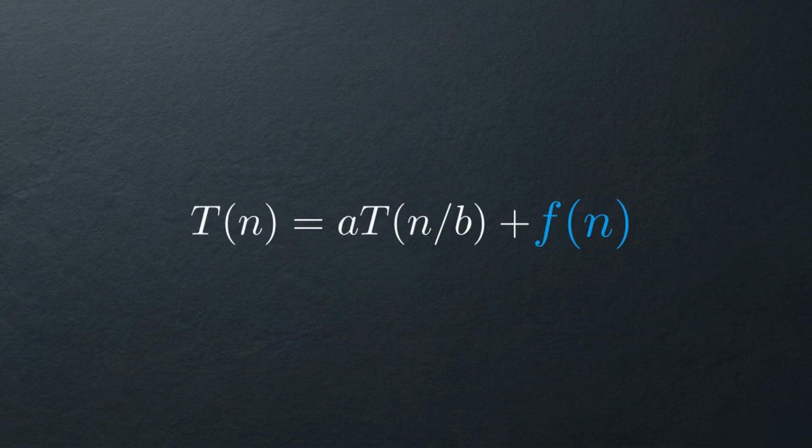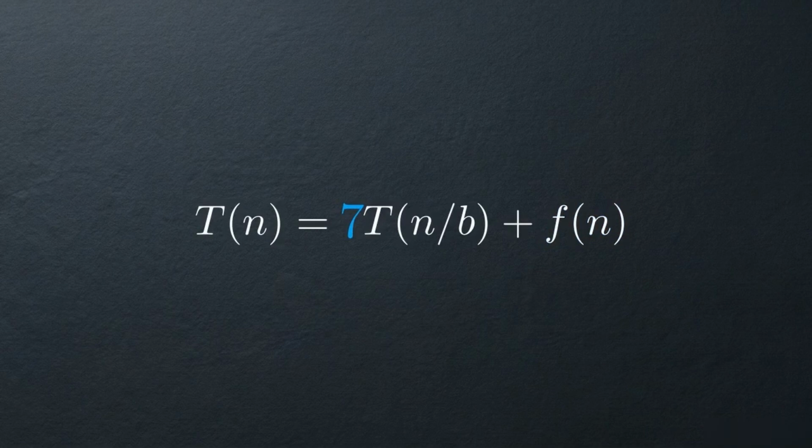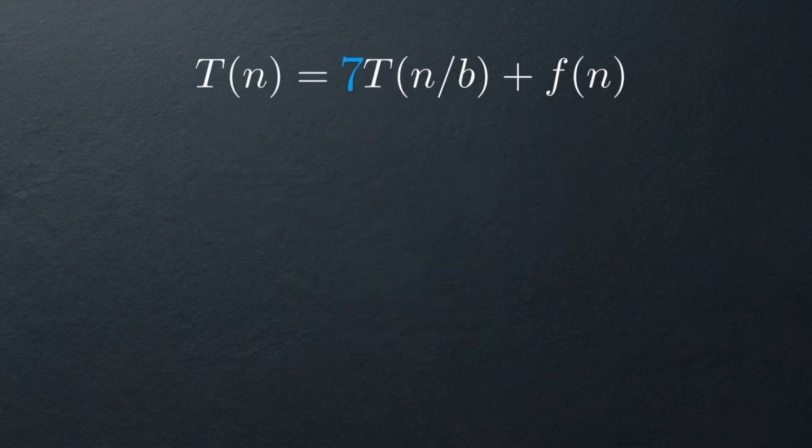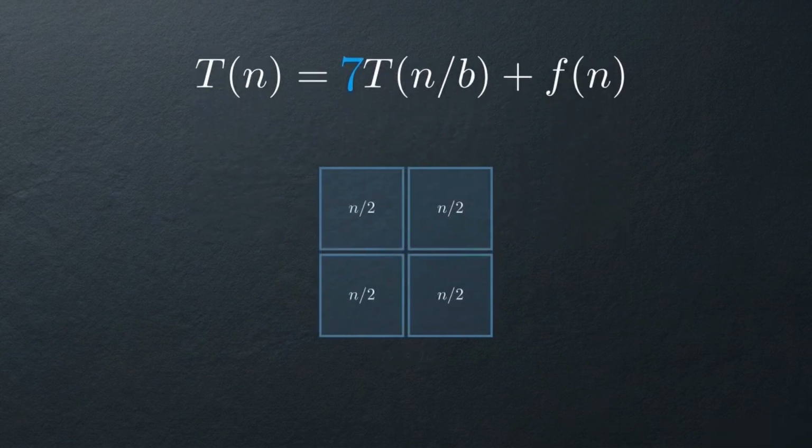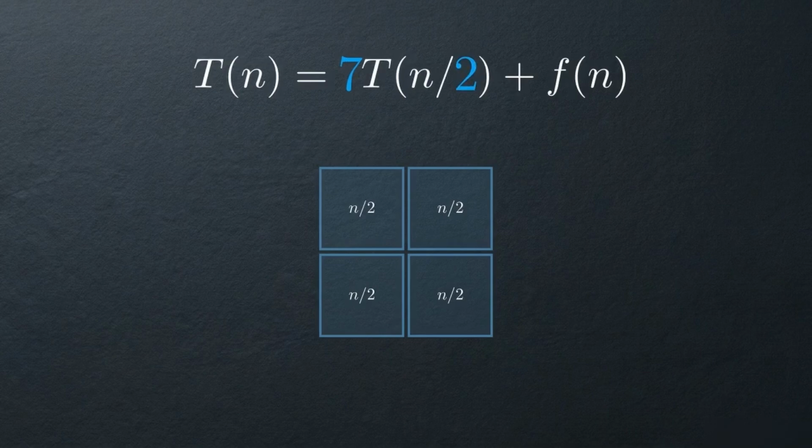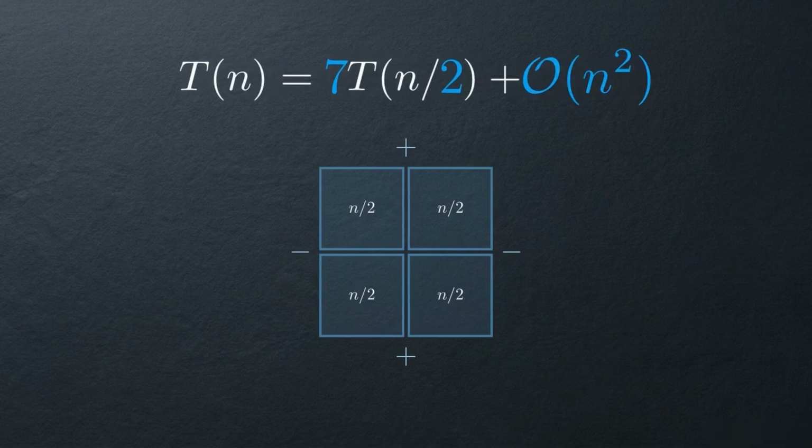combine the results. Applying Strassen's specific constraints to this template, we replace a with 7, matching his optimized multiplication count. Because the original matrix is split into 4 smaller submatrices, each exactly half the width and height of the original, our b factor becomes 2. To combine these 7 recursive products, Strassen's method executes distinct matrix additions and subtractions.